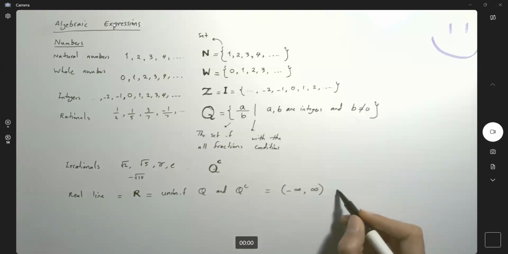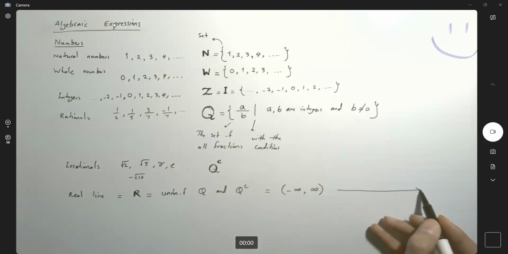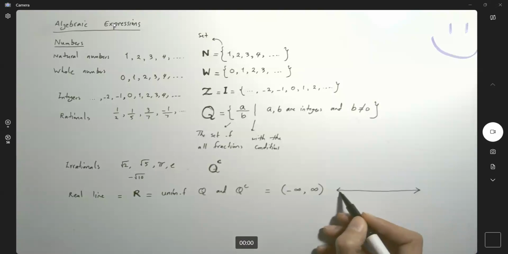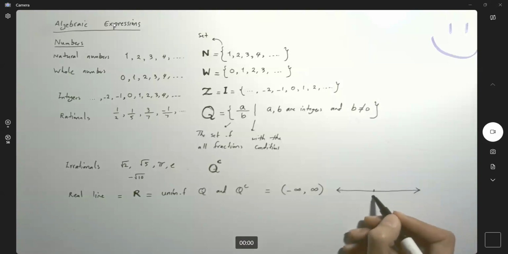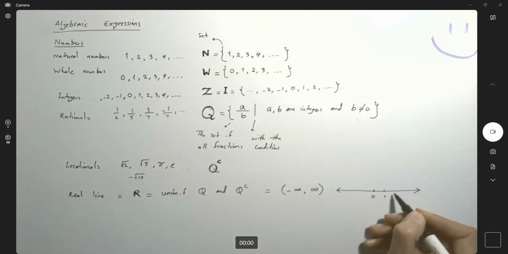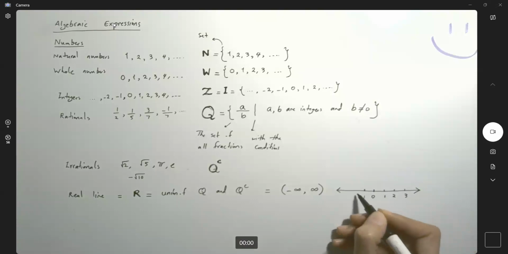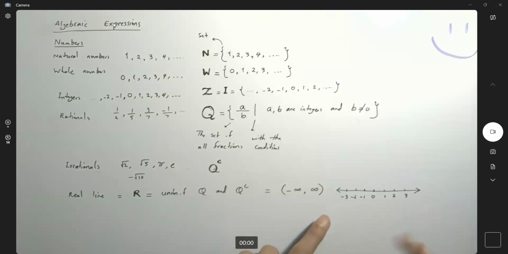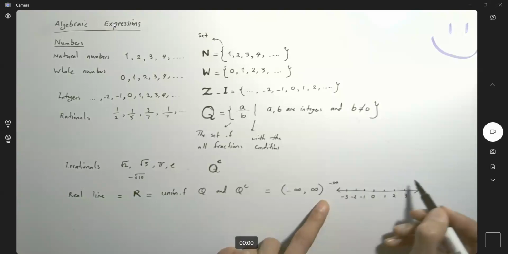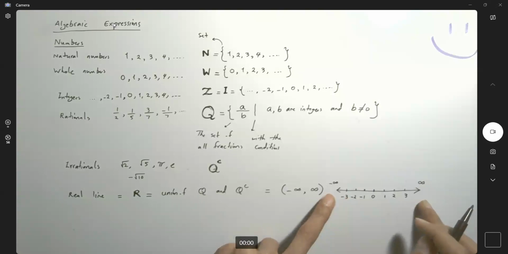If I ask you to graph this, to visualize this, we're going to have a line with 0, and then we use some numerical values to scale this line. But from negative infinity to positive infinity is your real line.